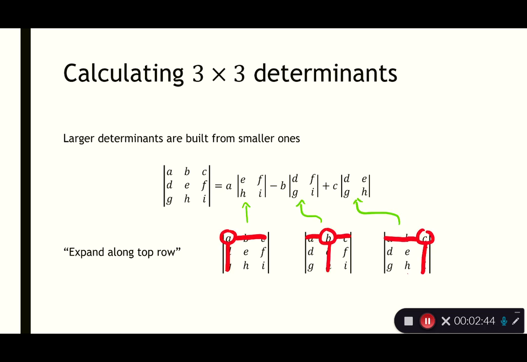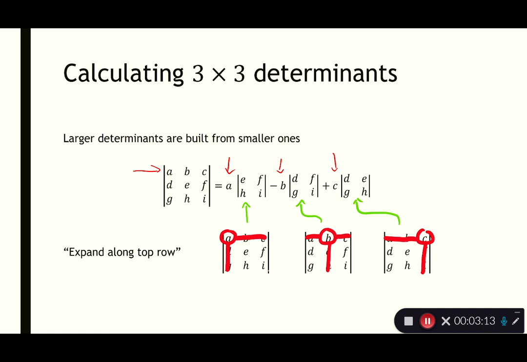3 by 3 determinants are built from smaller determinants. So to calculate a 3 by 3 determinant, we start with the top row, and we walk through the entries of the top row one by one. The entries are A, B, and C, and we multiply each of those three numbers by the determinant of the smaller matrix we get by leaving that row and column out.